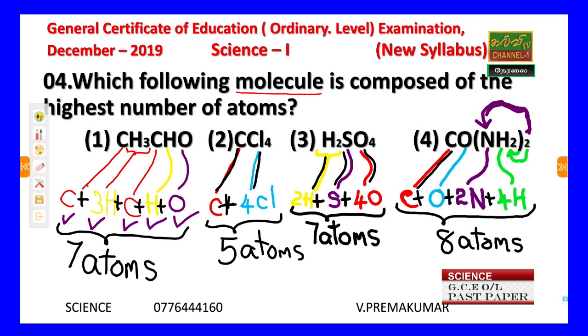Then fourth answer, 2 nitrogen, and 2 hydrogen multiplied by 2 gives 4 hydrogen, because we already studied that we have to multiply by 2 when there is a bracket.